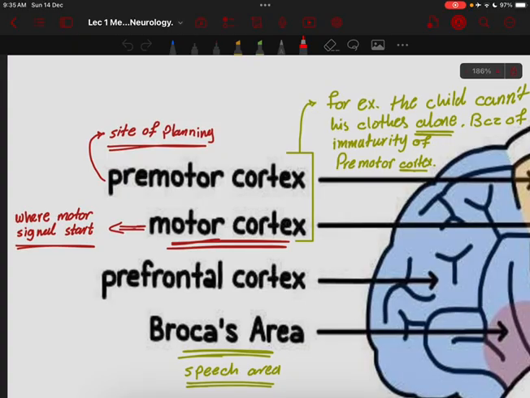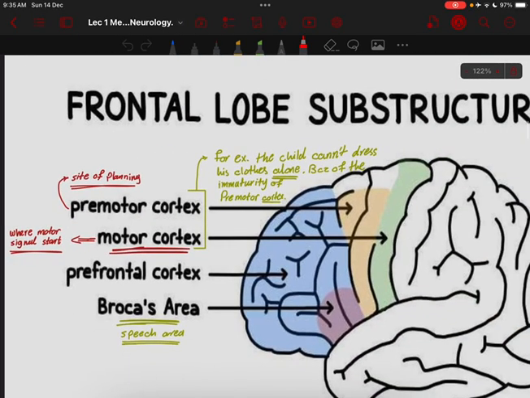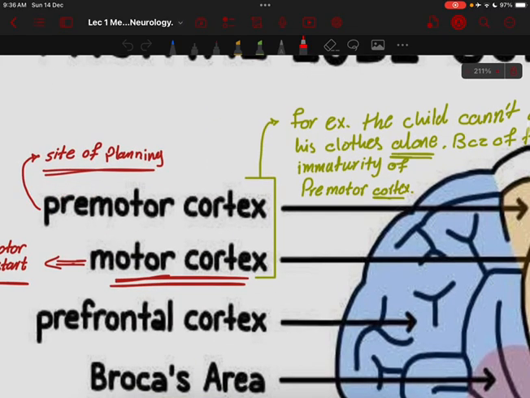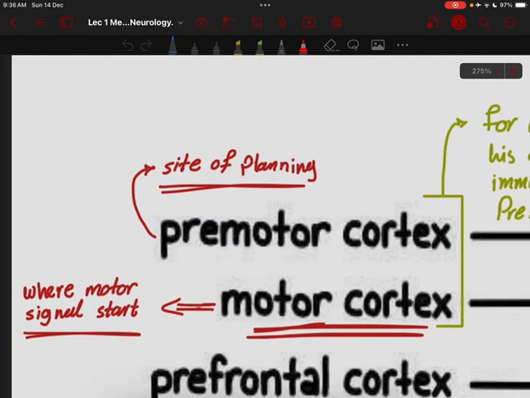And also we have the premotor area. The premotor area is very important because at that part, the planning is done. For any motor action, besides the motor power, we need the planning.